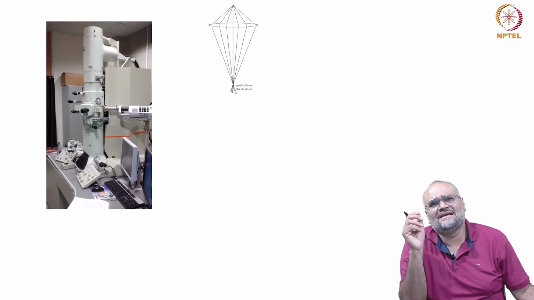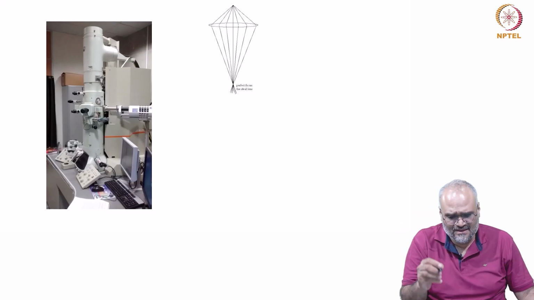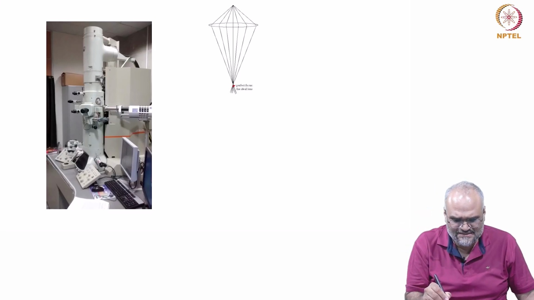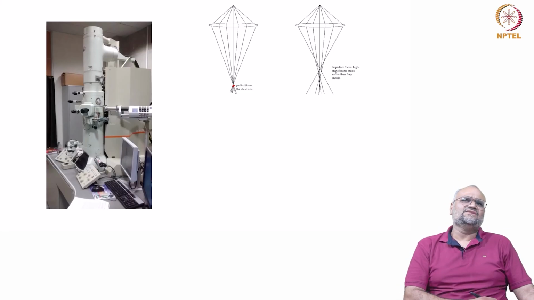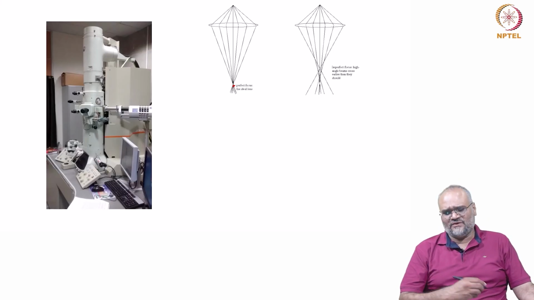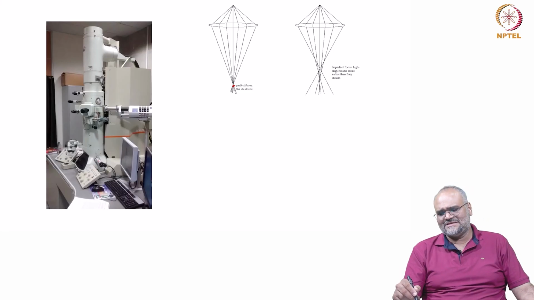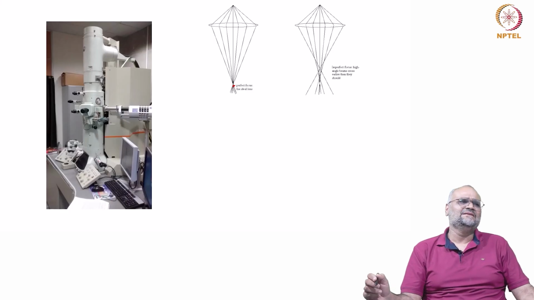In an ideal case, the perfect lens would form a very sharp probe like this, but in reality, because of various effects that I showed you earlier, you would form a probe which is definitely not converging at a single point.